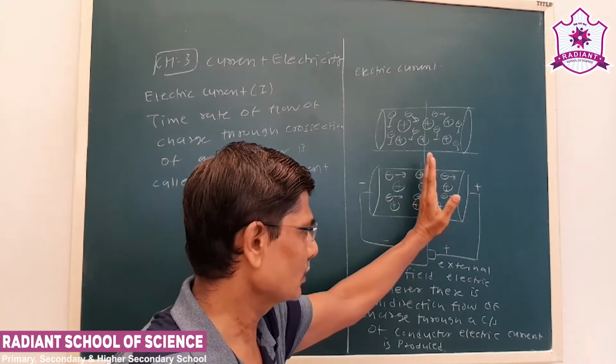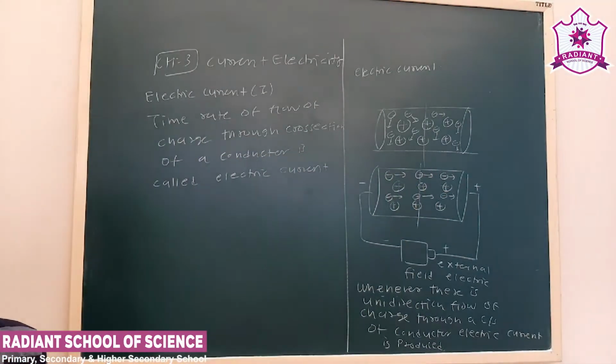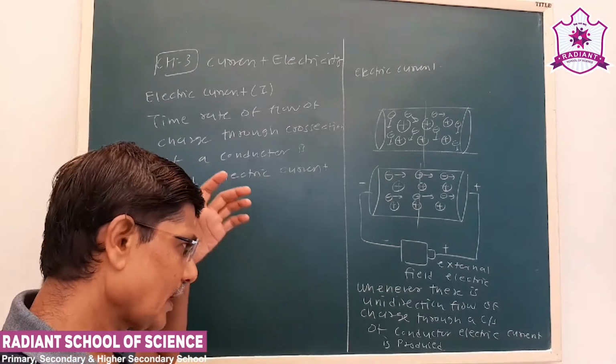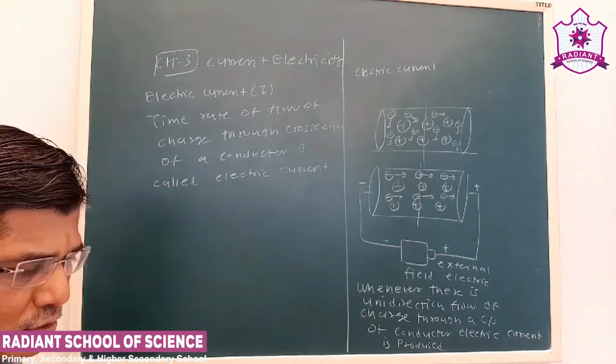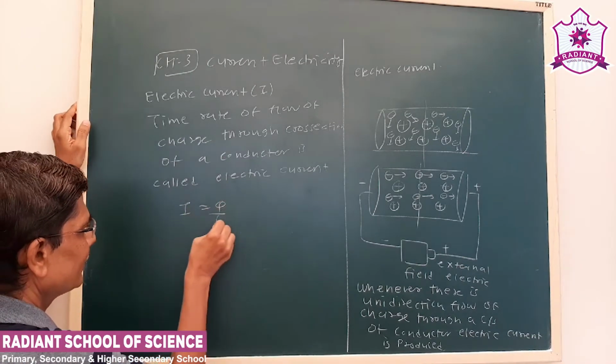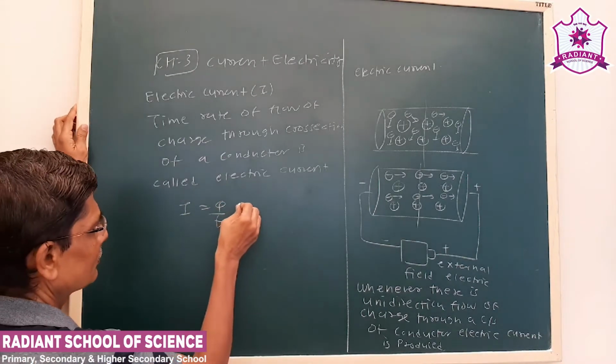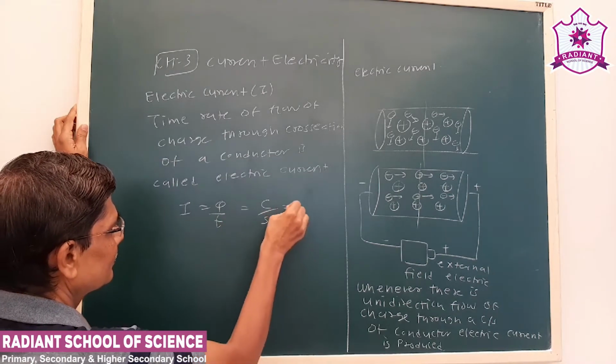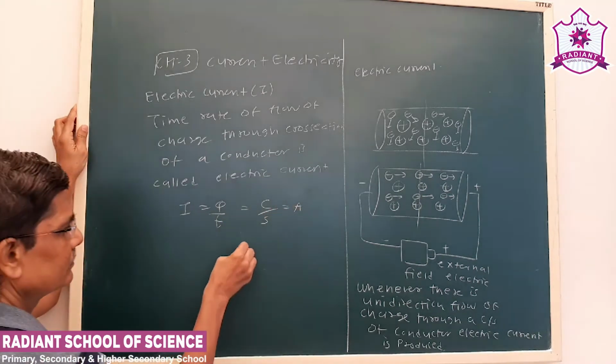Now this is the cross section of a conductor. It also follows the law of conservation of charge: charge is neither produced nor destroyed. In simple definition we say I is equal to Q by t. The unit is coulomb per second, that is ampere.